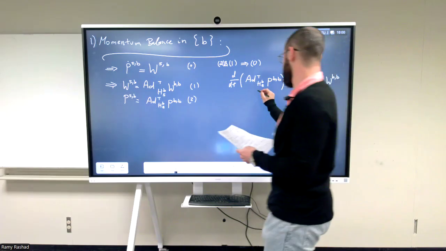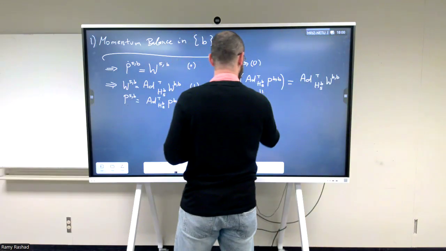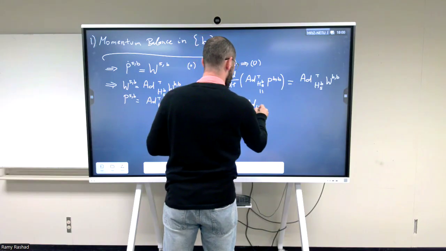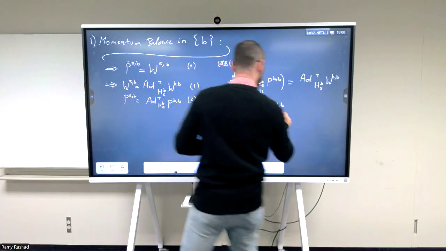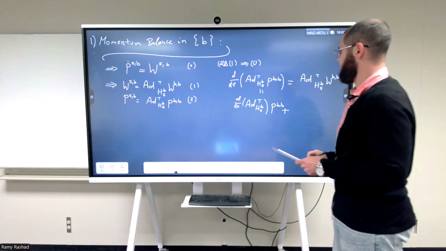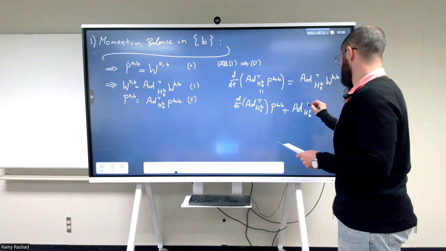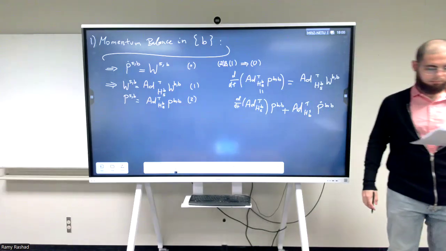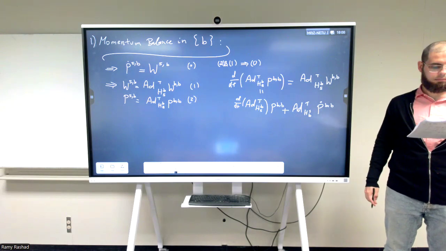So I can rewrite this as d by dt of the adjoint multiplied by p in the B frame, plus the adjoint multiplied by P dot, equal to the one on the top. Make sense?